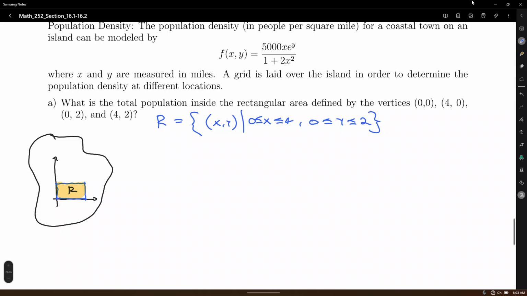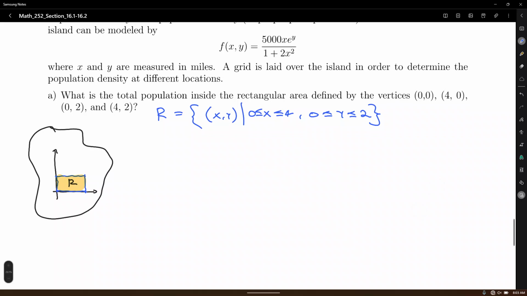All right, so let's see. The total population, we're finding first by integrating this given function over the given region. So that is the double integral of the function f(x, y) dA over the region R, where the lower limits are both 0, going up to 4 in terms of x and 2 in terms of y.